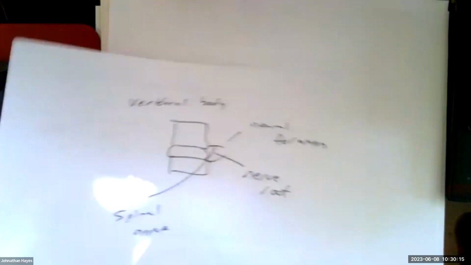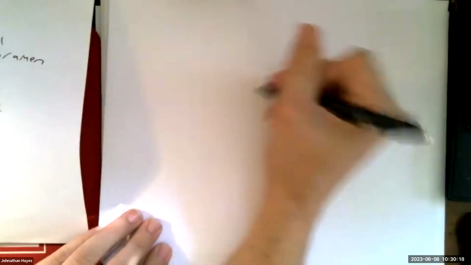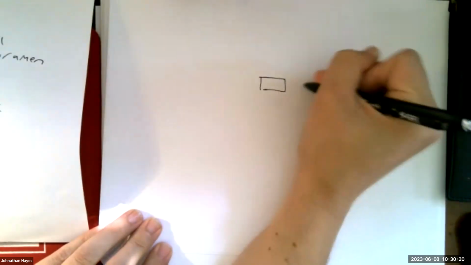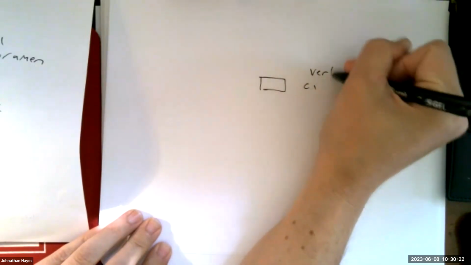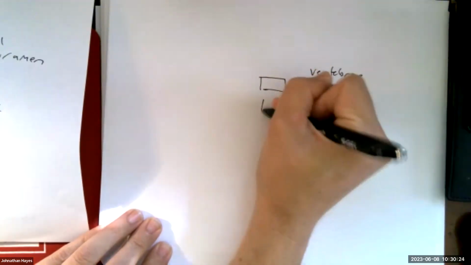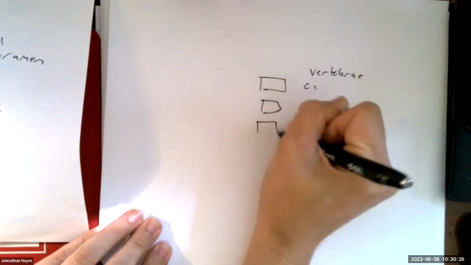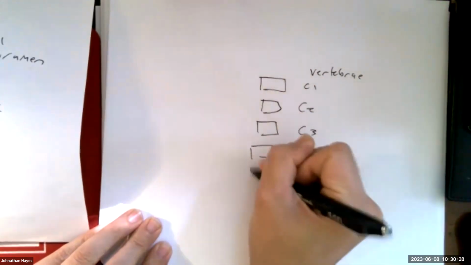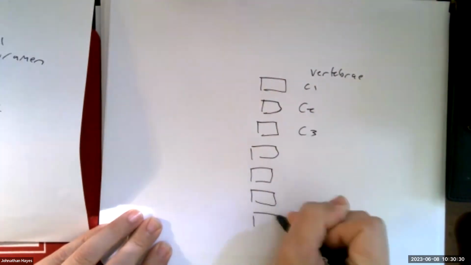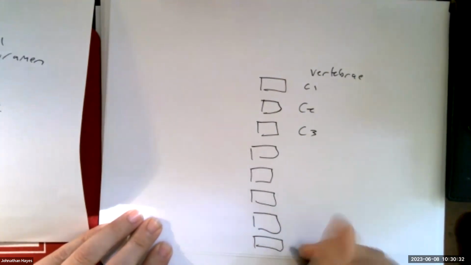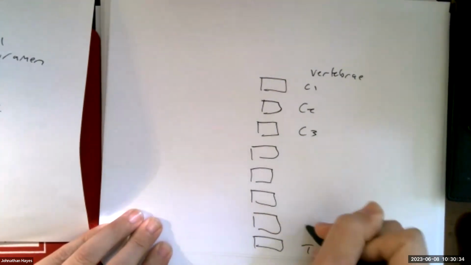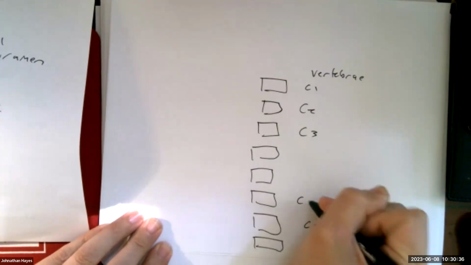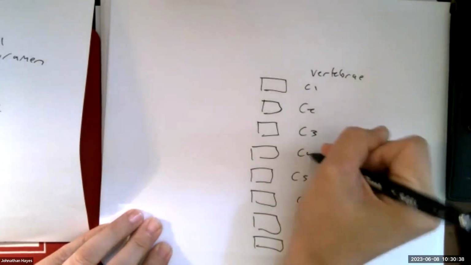And when you're in the cervical spinal nerves, watch this. Let's say this is the C1 vertebra. So these are vertebra. This is the C2 vertebra, C3, C4, C5, C6, C7, T1. Sorry, I didn't mean to say C8. So C7, C6, C5, C4.